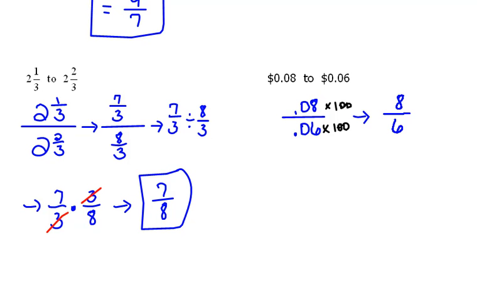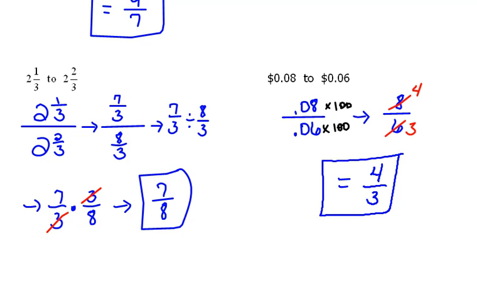So now I'm comparing 8 to 6. Those are kept in the same proportion, which is something we're going to talk about later also. Now we can reduce this fraction down because 2 will go into 8 4 times, and 2 will go into 6 3 times. So my reduced ratio would be 4/3.